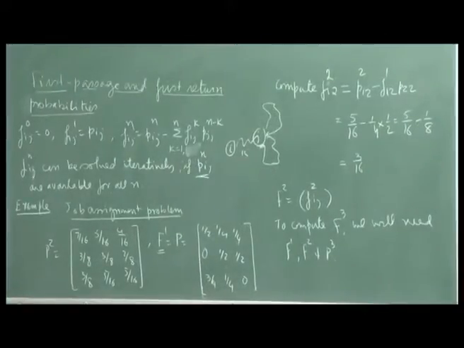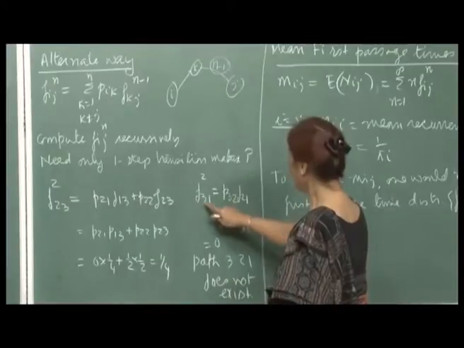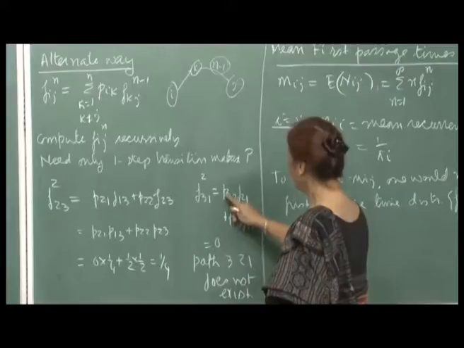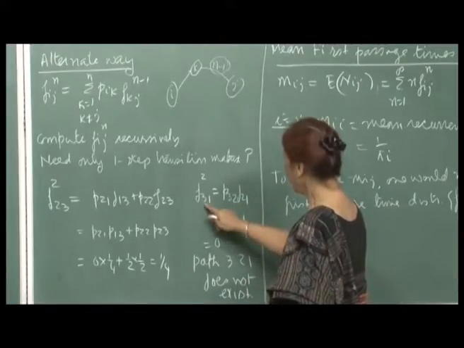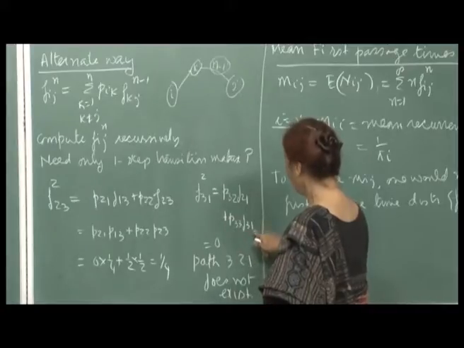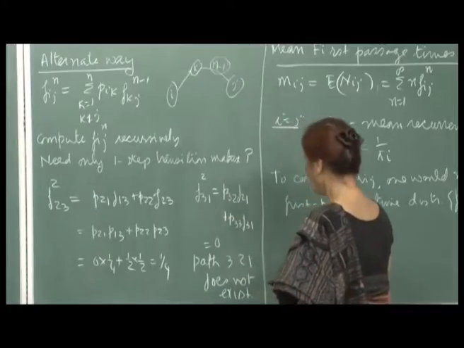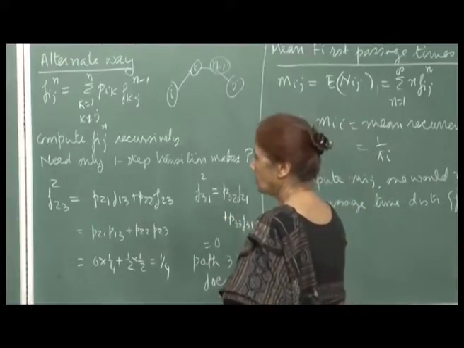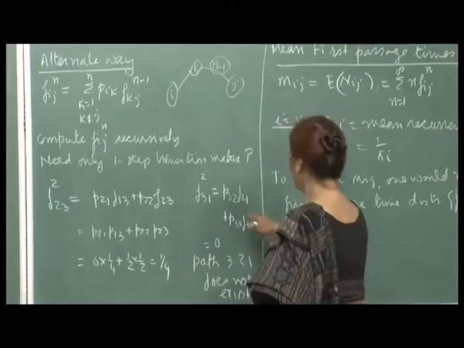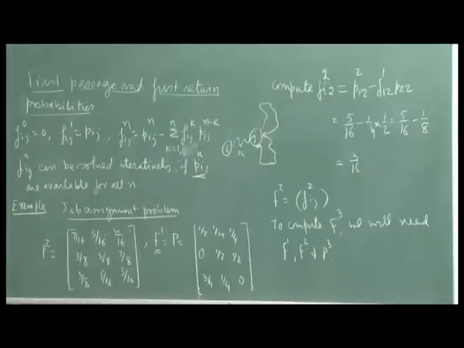Now look at f_31(2). Here your j is 1, so your k can be 2 and 3. So this will be p_32 into f_21(1) plus p_33 into f_31(1). What is p_32? P_32 is 1 by 4, but then what is f_21(1)? It is p_21, and p_21 is 0, so this is 0. Then p_33 is 0 into f_31, so this is 0.